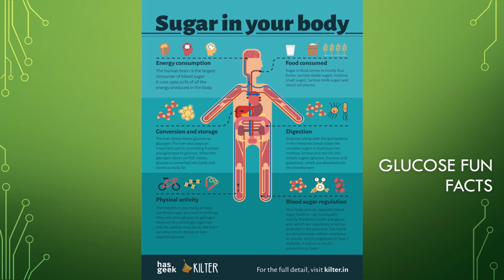And if there is a failure in the production of insulin, then it causes type 1 diabetes. But if there's too much insulin being produced, then type 2 diabetes becomes an issue.